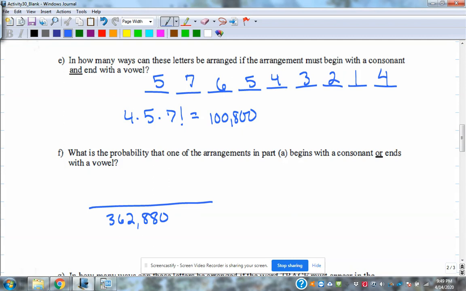Possible ways goes on the bottom. And on top, we've got to find the arrangements that begin with a consonant. So we add up those that begin with a consonant, which were 201,600.